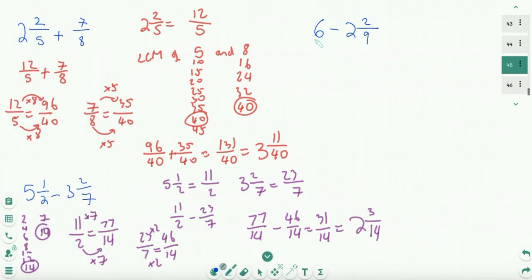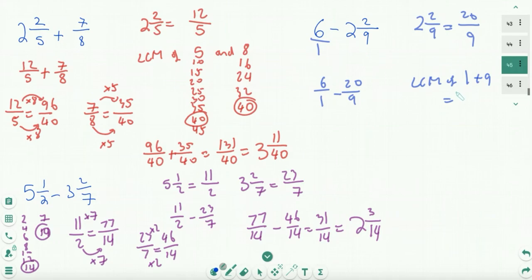Okay, a whole number. We're going to turn it into a fraction. This number here is mixed. We're going to make it improper. 2 times 9 is 18, plus 2 is 20. So it's going to be 6 over 1 minus 20 over 9. The lowest common multiple of 1 and 9. Well, our 1 times table is 1, 2, 3, 4, 5, 6, 7, 8, 9.